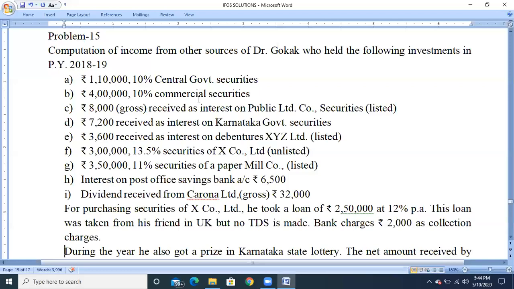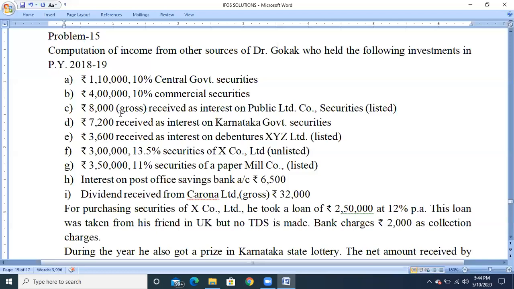If in the problem they have given the interest amount directly, then it is a net amount and we need to do the gross up if it is issued by private companies or commercial companies. But if the interest rate and the investment amount have been given, no need of gross up; we need to calculate the interest, and that interest amount will be taxable under the head income from other sources.